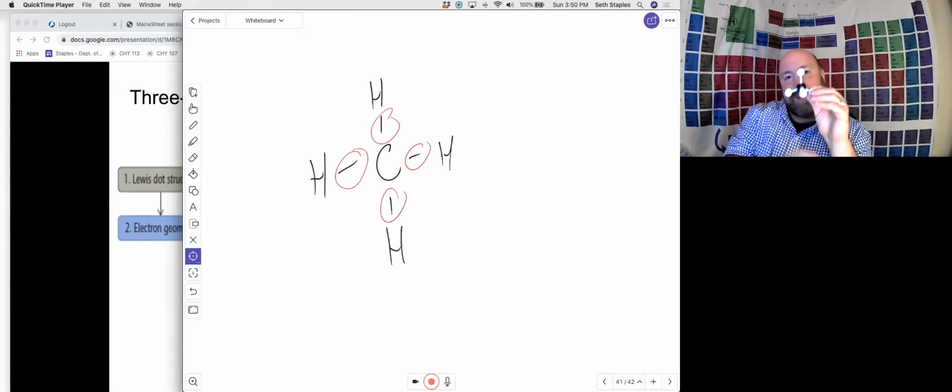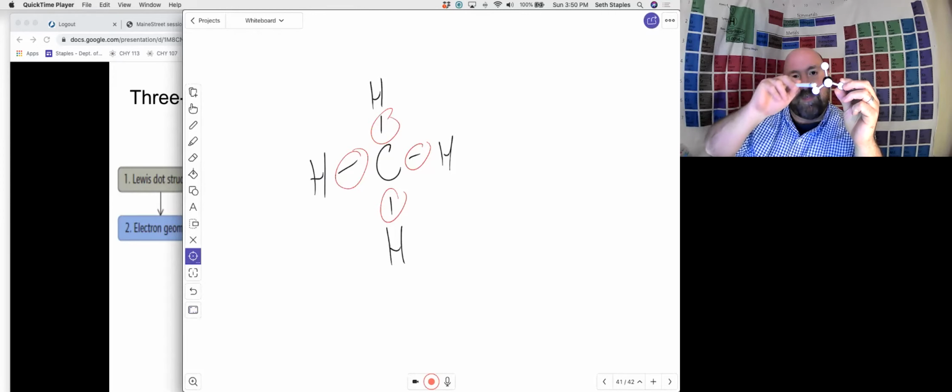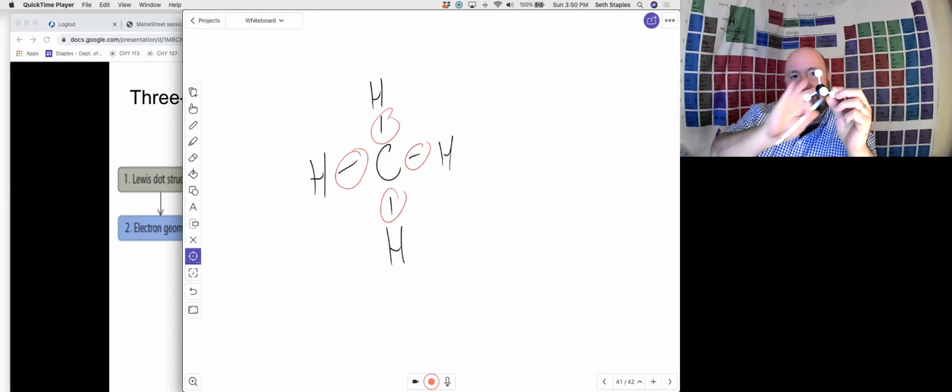And so when we take a look at the 3 dimensions of this, let me see if I can hold it in a way that you can sort of see it. You can picture these 2 being in the same plane as each other. So these 2 are in that same 2-dimensional space. This one, however, is coming straight towards you, straight towards the screen. This one is coming back.